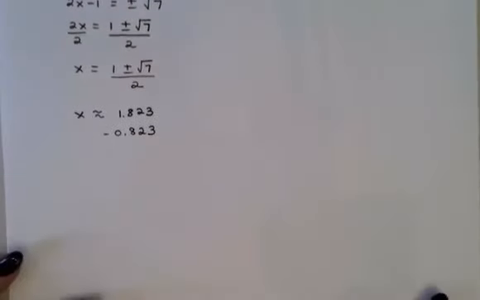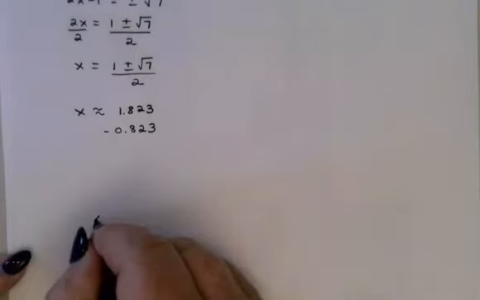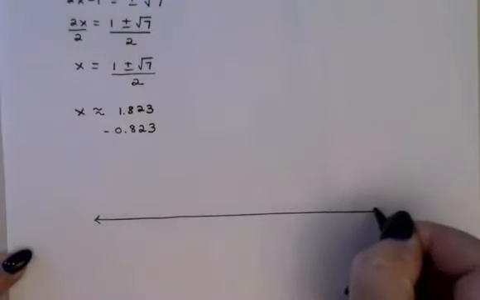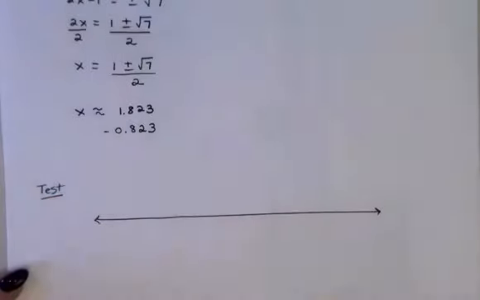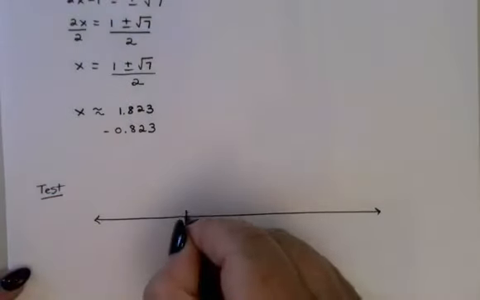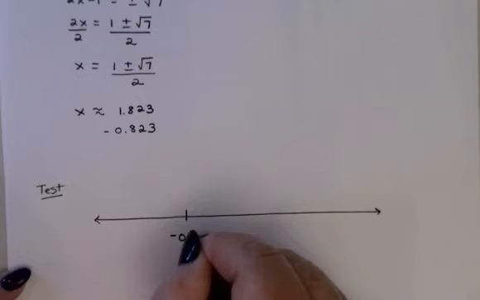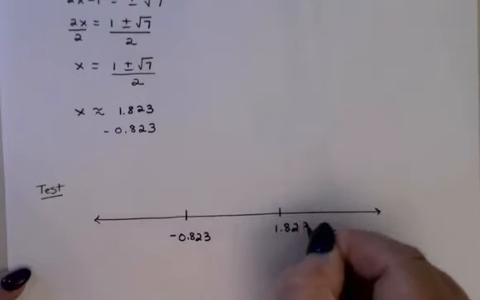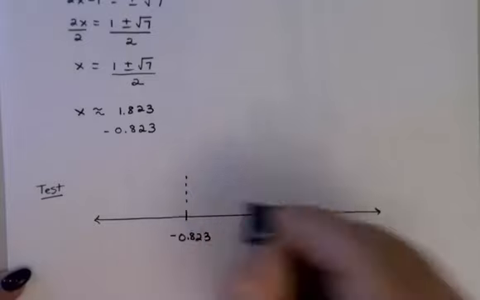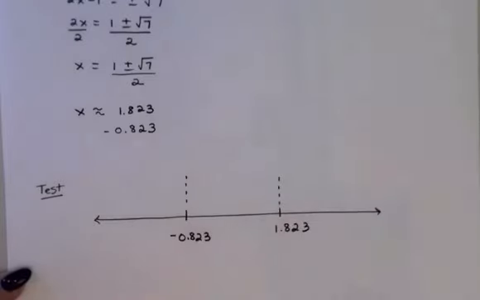All right, I'm going to put those on a number line to test my solutions. I've got negative 0.823 and positive 1.823. I need to pick a test value in each of the three intervals that we've created.